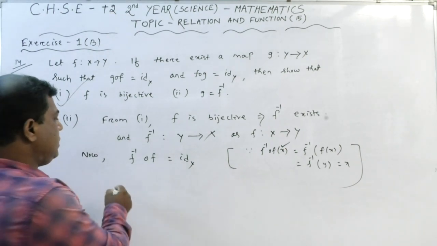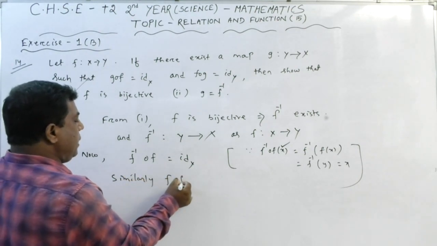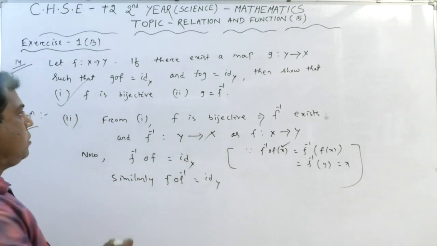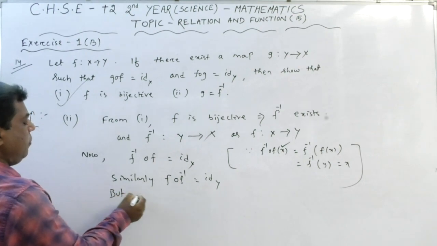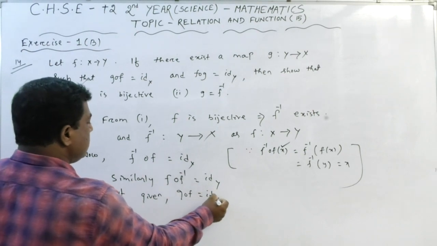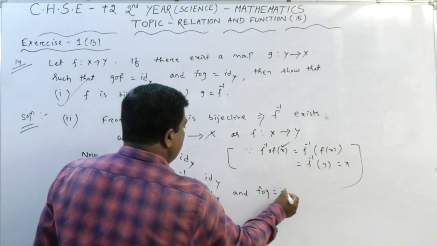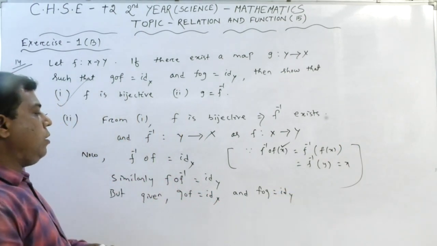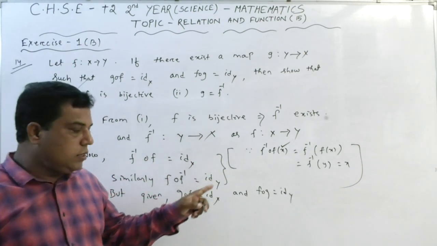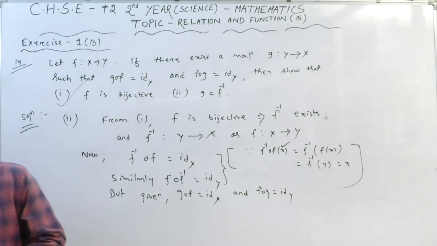And similarly, f operated on f inverse is identity on y. But given g∘f equals identity on x and f∘g equals identity on y. So you see, we are obtaining these two results, that f inverse operated on f equals identity on x, but it is mentioned that g∘f is identity on x.